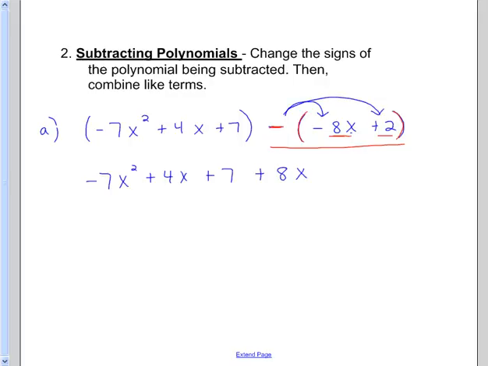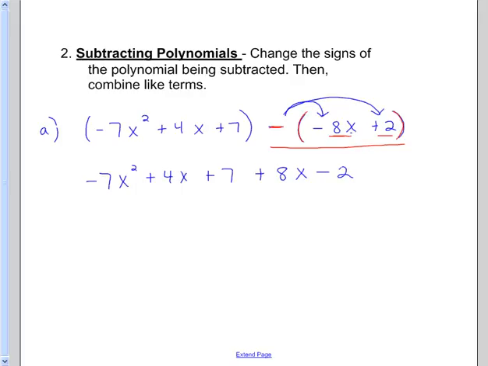Negative times a positive 2 is going to make it a negative 2. This is what I mean when I say change the signs of the polynomial that's being subtracted. Distribute out that negative and it will change your signs. Then it's just like addition. Combine like terms.